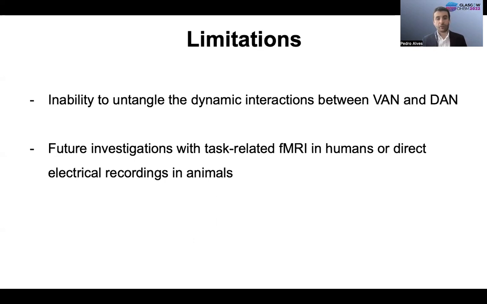The main limitation of our work is that, as it is based on resting state analysis, we are unable to untangle the dynamic interactions that occur between these two networks. However, future investigations with task-related fMRI in humans or direct electrical recordings in animals may contribute to answer this question.